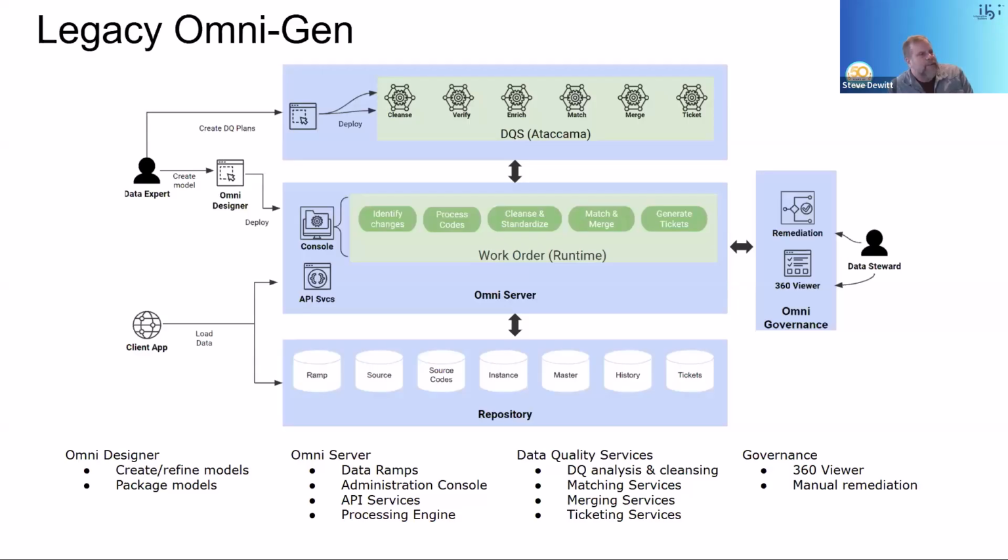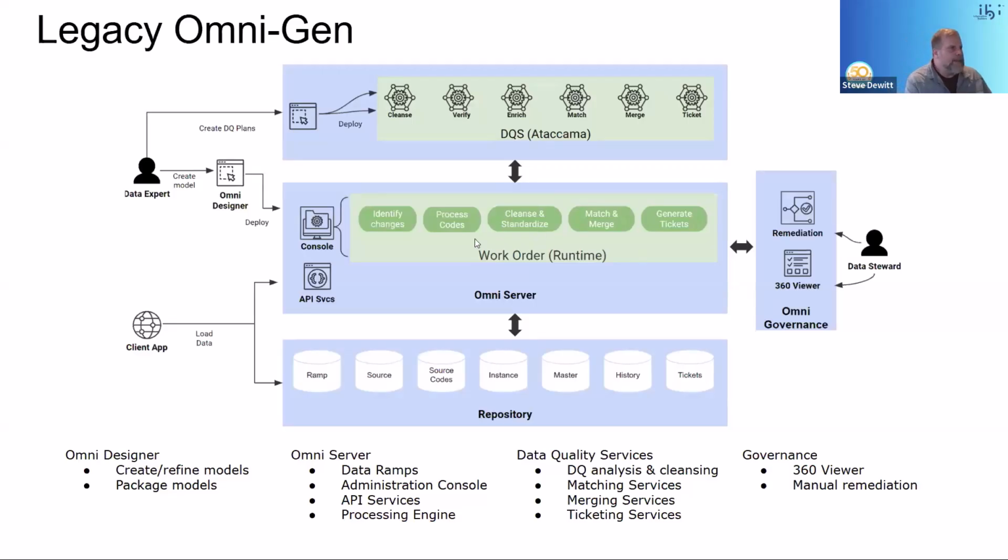We process data by loading it to the ramp. Source data is copied from the ramp with some processing along the way. Instance data is cleansed as it comes from the source, and master data is matched and merged to create that golden record.